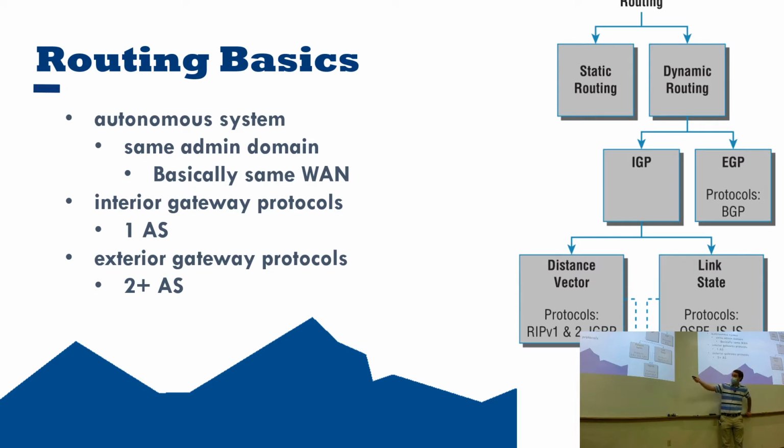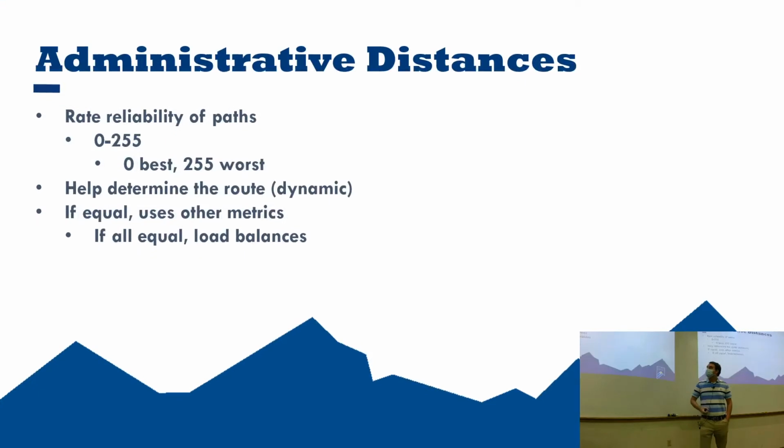So we have distance vector, which we'll talk about. We have link state, which we'll talk about, as well as hybrid, which obviously is a combination of distance and link state. Okay, you also have exterior gateway protocols. It's where you're using multiple autonomous systems. Okay. Just a brief review from last class.